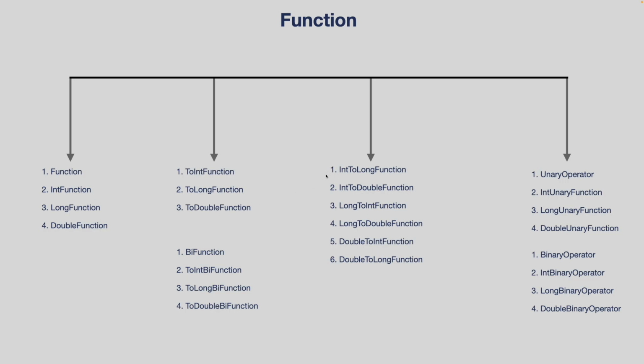Now the third type is the conversion functions, like where we specify asLong, asDouble, and we are dealing with primitives only here. Now the next is the operators. So operators mean they are taking the same type of input and returning the same type of output as the return type.